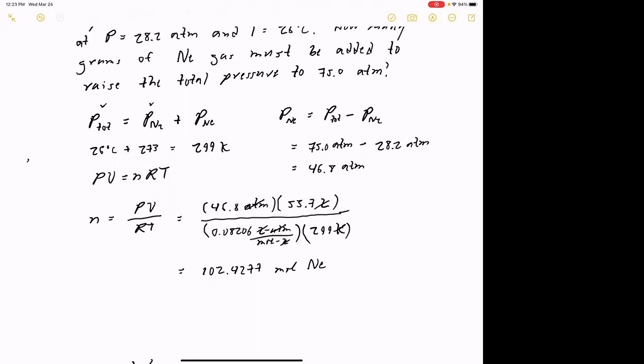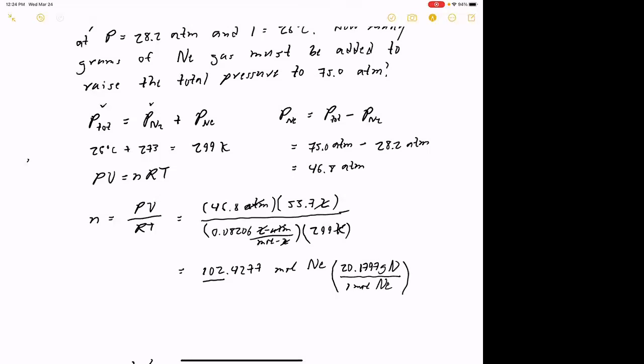Okay, and what kind of sig figs are we looking at here? I think we're talking about 3 sig figs. All right, so now what am I going to do? I want a mass, don't I? So really, all I have to do at this point is use the molar mass of neon to get me from moles to grams. So I know that 1 mole of neon corresponds to a mass of 20.1797, this is from the periodic table.